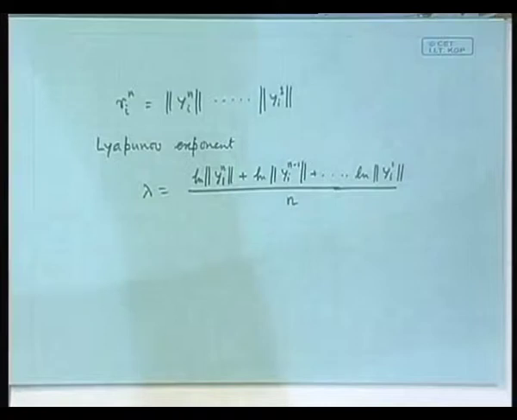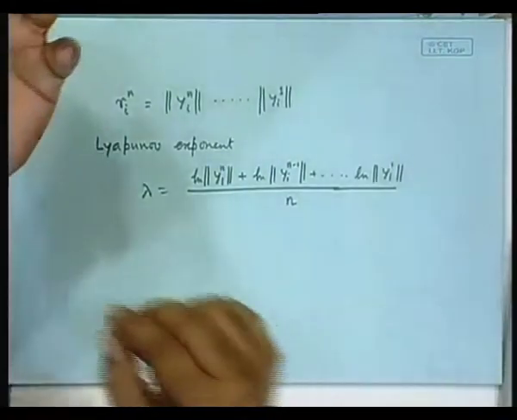What exactly did we do? We started from an initial condition, took one step. At that point we locally linearize it, took the Jacobian, obtained the eigenvectors, and thereby we obtain the expanding and contracting directions.